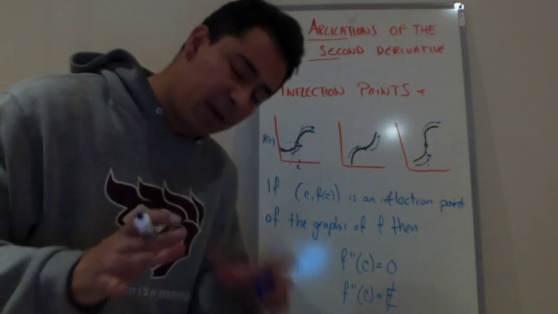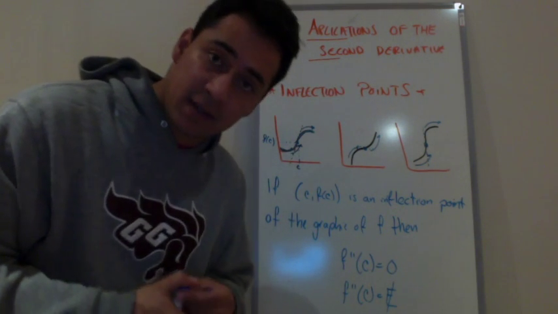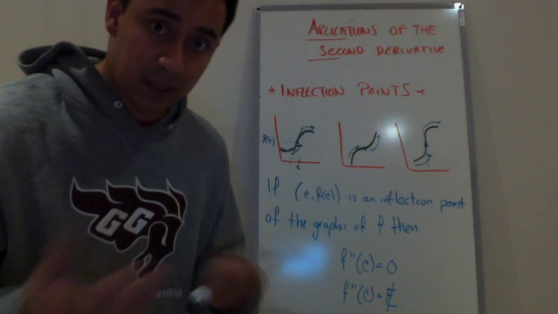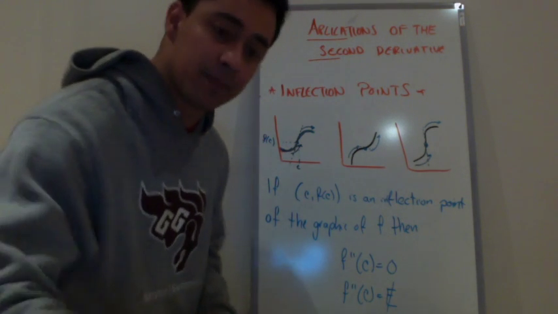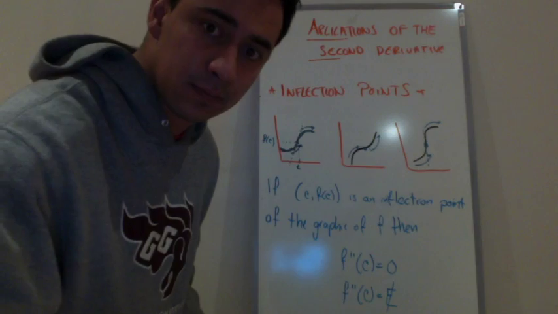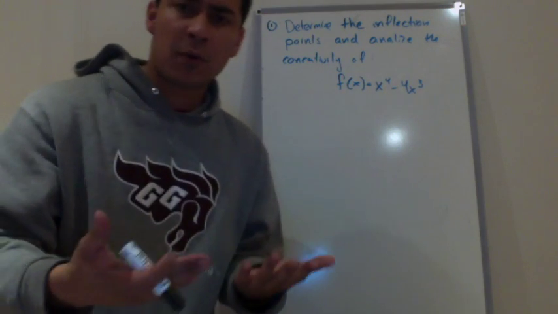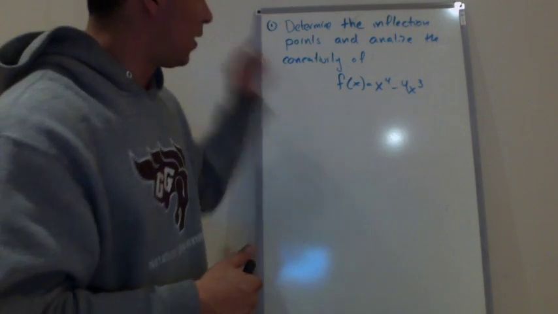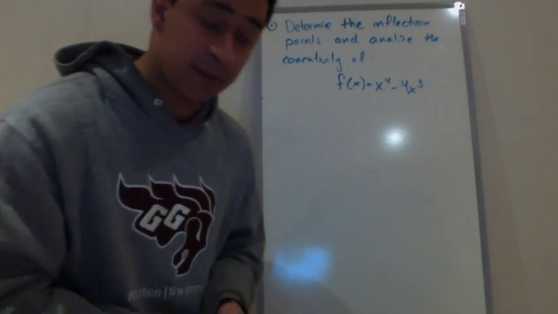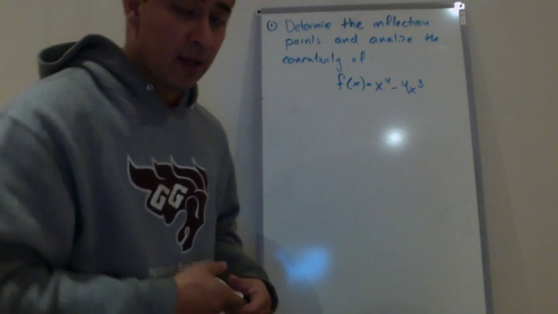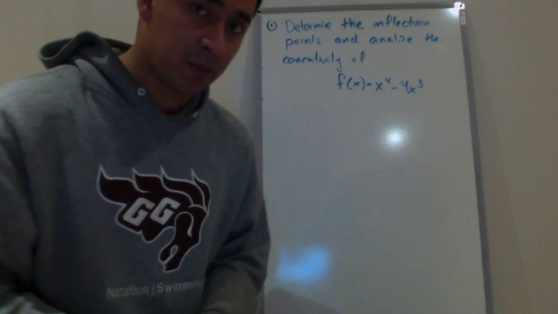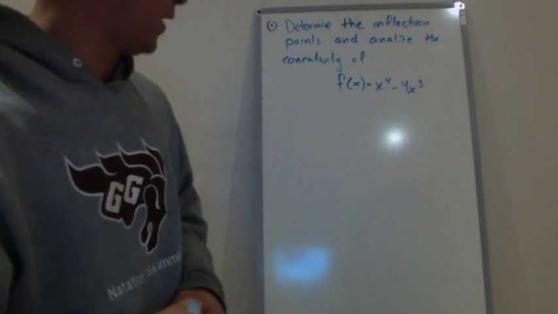It's similar to finding the critical numbers, but with the second derivative. So before we move forward, let's do a little example of how to find inflection points, and then we will continue with the intuition behind the inflection points, all right?